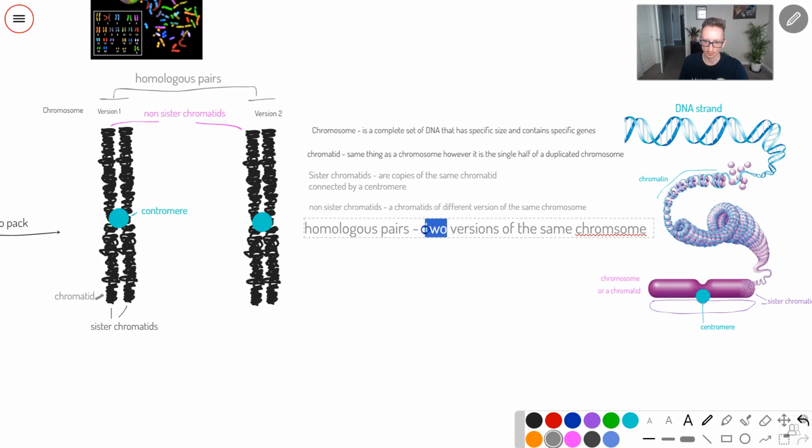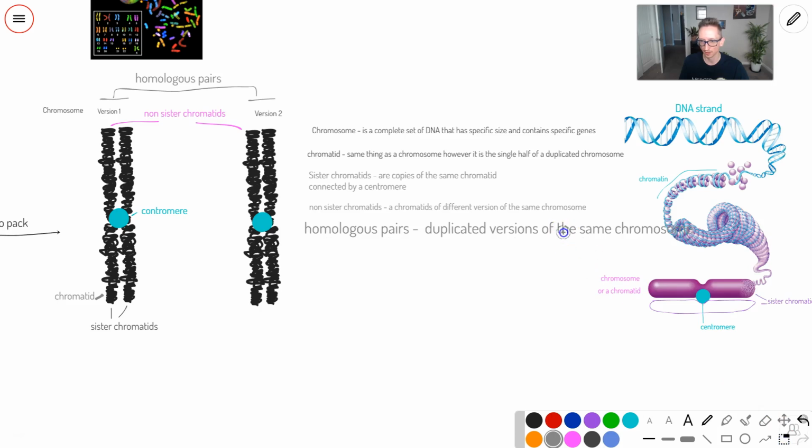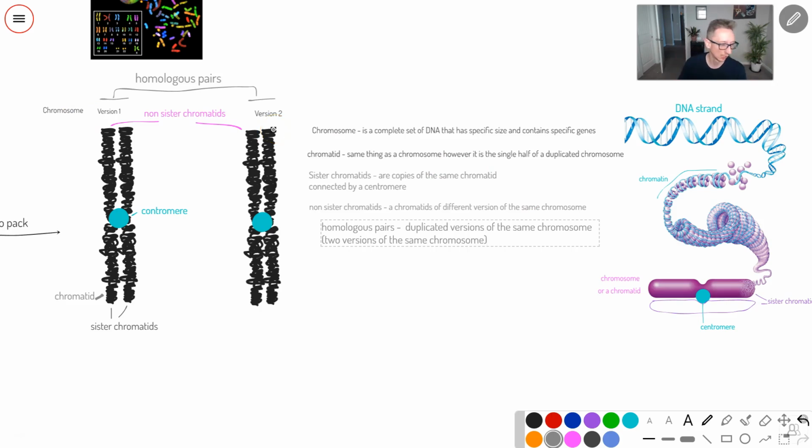Duplicated versions of the same chromosome. So it's the two versions. Another way to think of it is two versions of the same chromosome. So we have version 1 and version 2 because we're diploid. Those are homologous pairs.